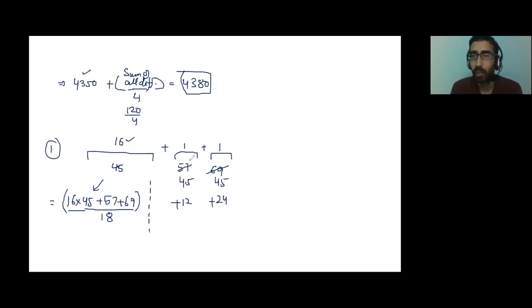Then the 2 people who join also keep 45 chocolates in their bag and keep the rest on the table. If you imagine it physically, what that would mean is now you have an extra number of chocolates on the table. How many? Plus 12 plus 24, you have 36 extra chocolates, and a group of 18 people who all have 45 chocolates each.